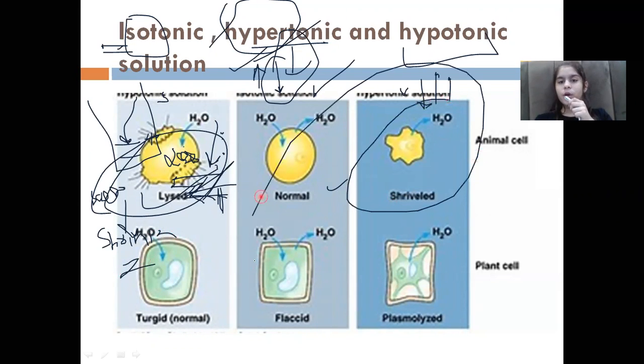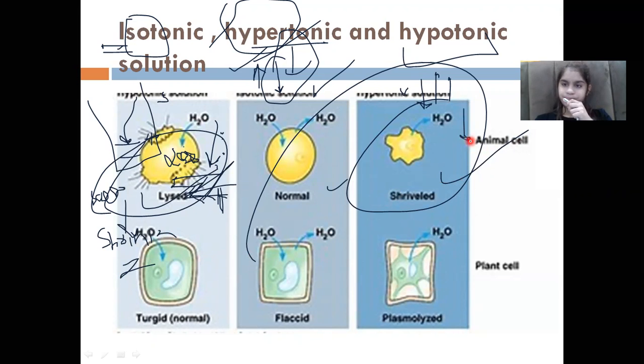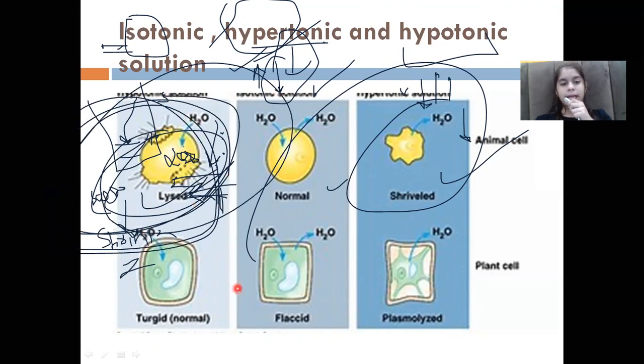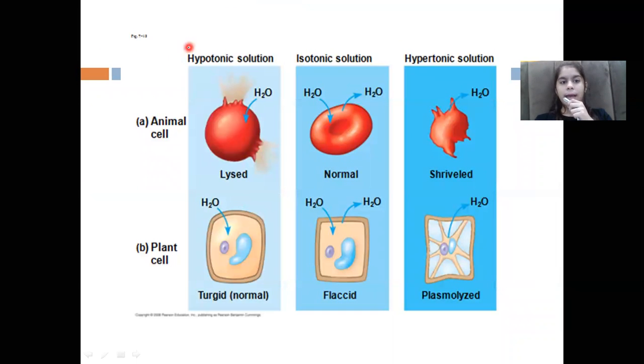But in a hypertonic, acha, here this is my hypertonic wala solution, in which the cell shrinks because उसके पास water less था. In this case, because इसके पास water बहुत ज्यादा है, the cell will swell up. देखो इधर, hypotonic solution में क्या हुआ, because it had more water, इसमें क्योंकि ज्यादा water था, तो ये swell हो गया.